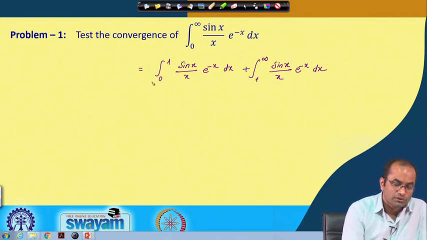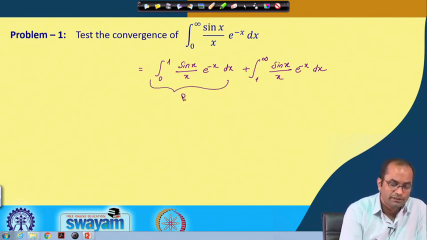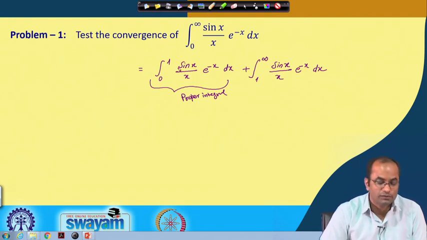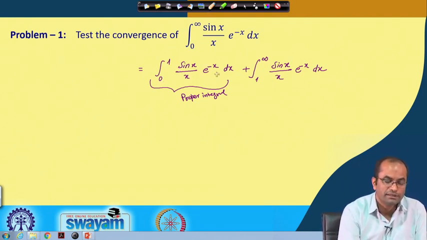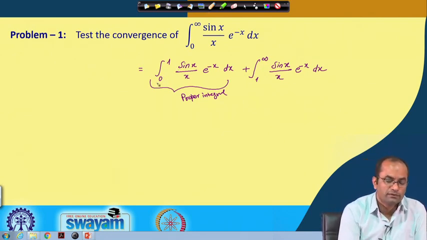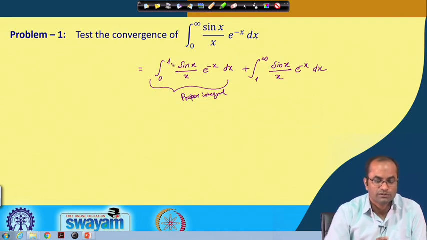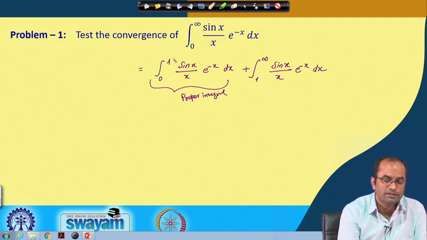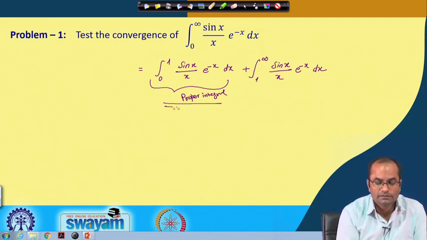So, the first integral is a proper integral again. The reason is clear, because sin x over x has the value 1 as x approaches 0. So, the limit of the integrand exists when x approaches 0, and at all other points there are no singularities, there is no unboundedness. So, this is a proper integral, the first one.